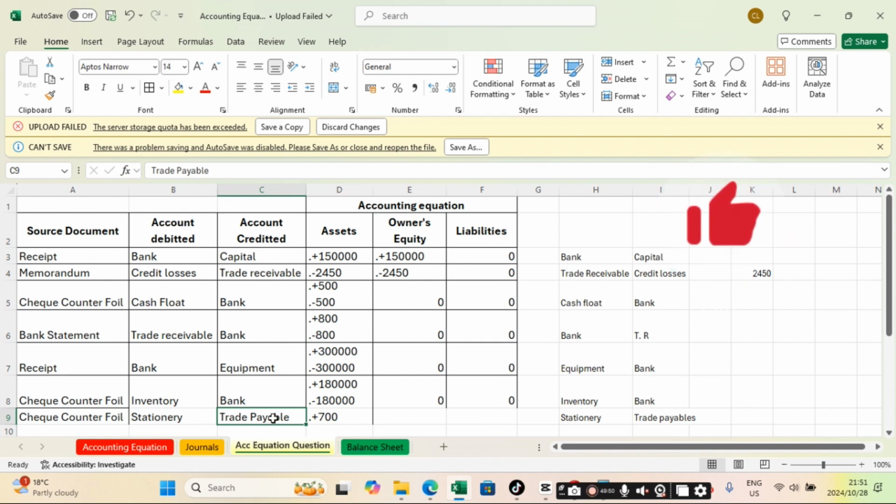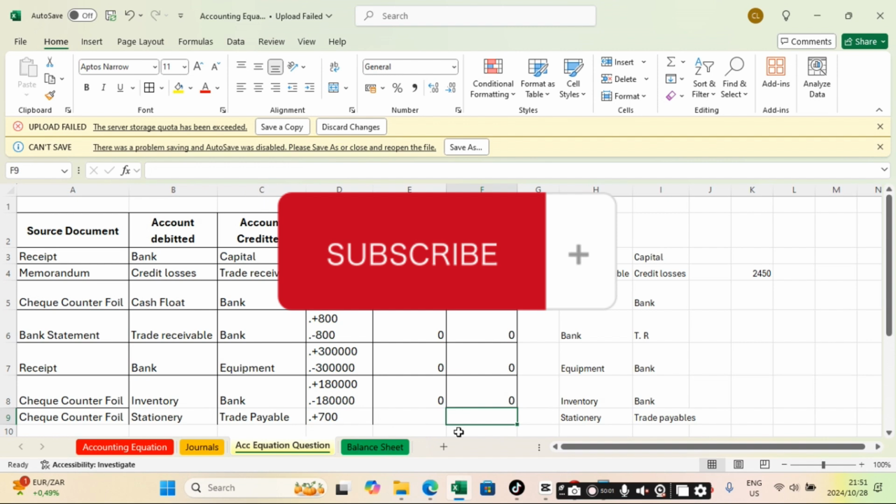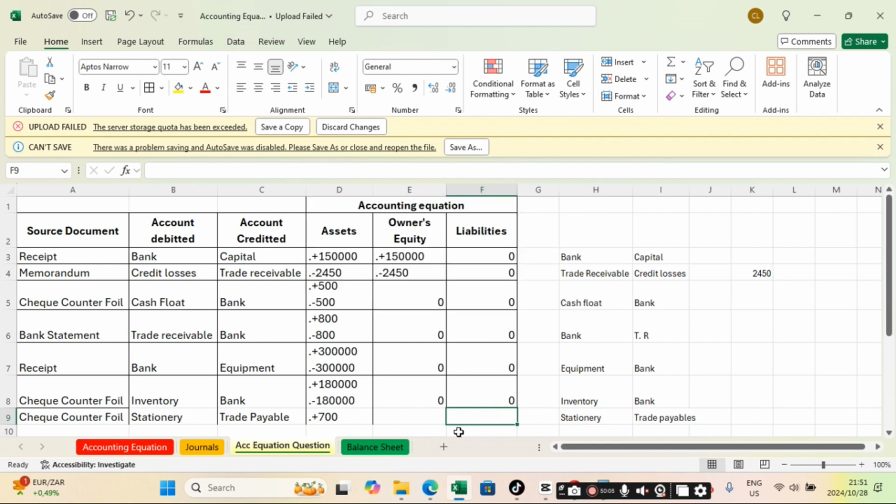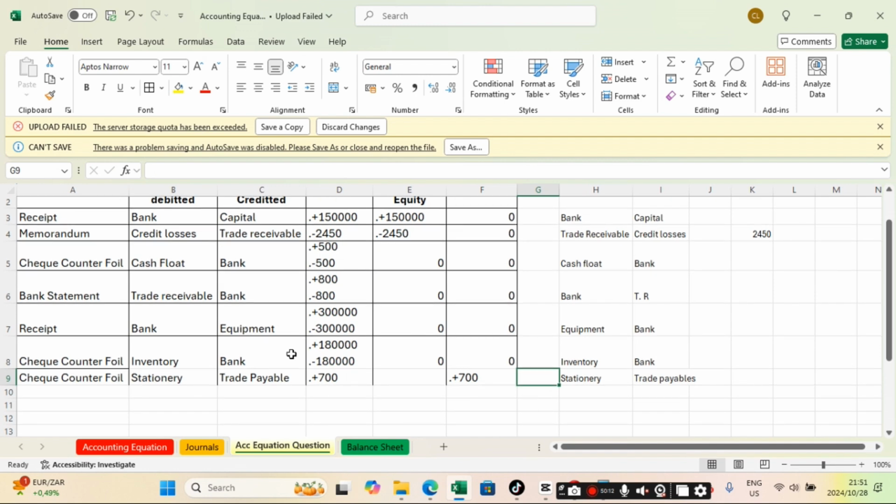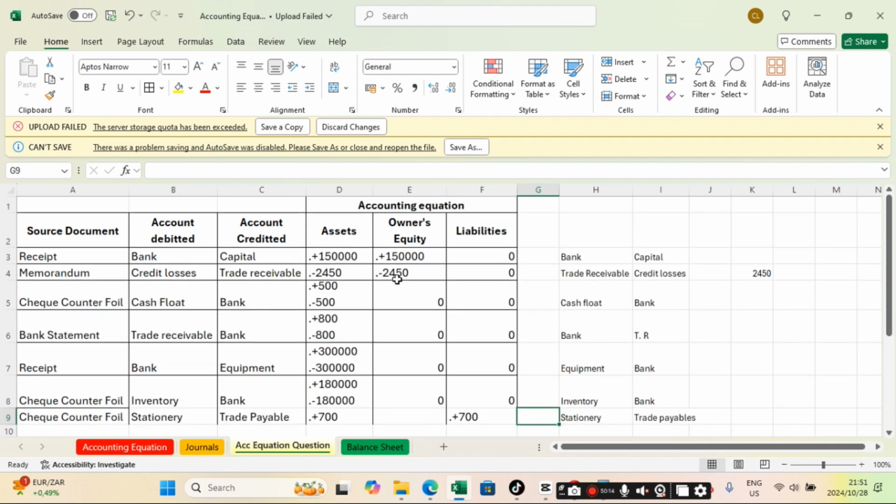I've already said that our trade payables forms part of our liabilities. So our liabilities, will they be increasing or decreasing? Are we paying or are we increasing our debt? In this case, we're increasing our debt. So we're going to have plus 700 also. Plus 700. That's pretty much how you deal with your accounting equation, guys.